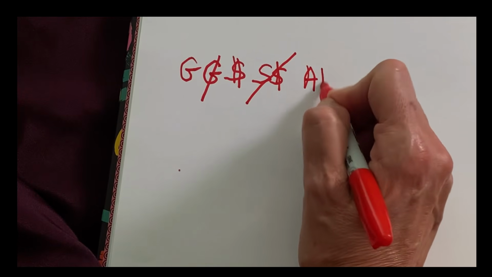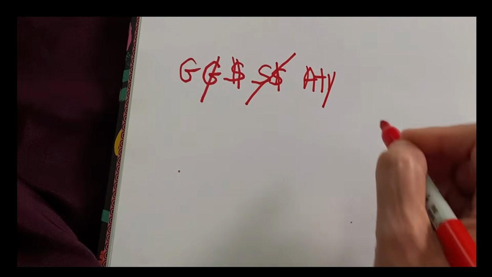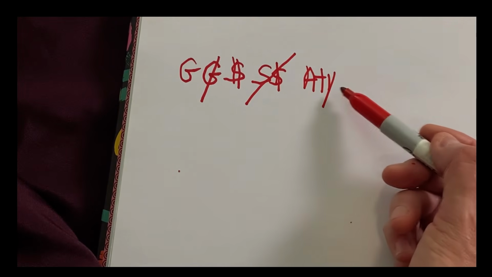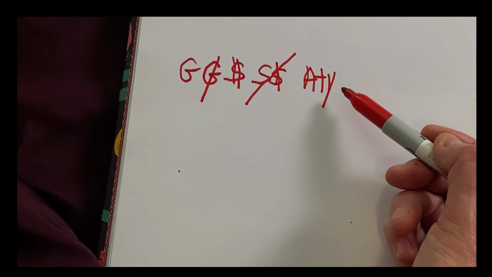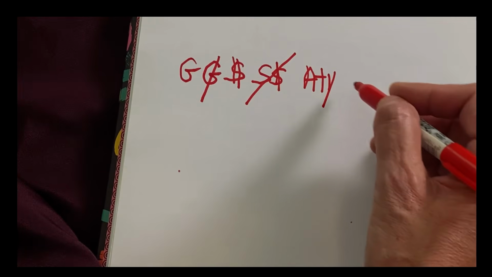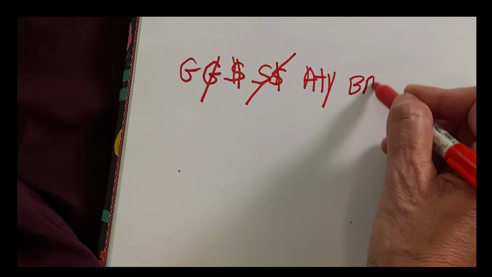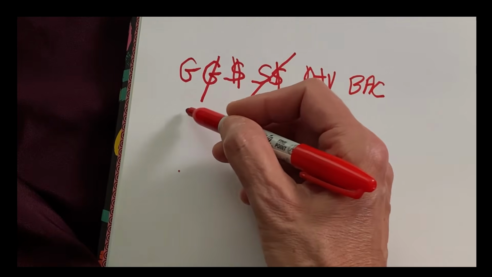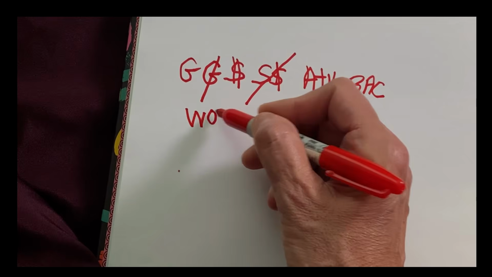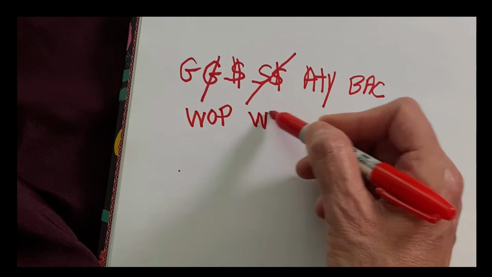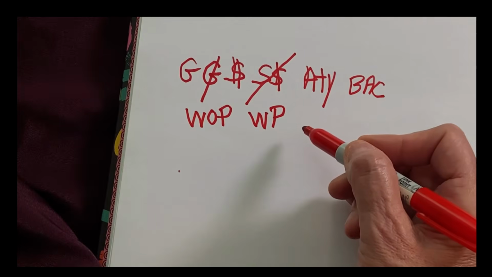Attorney, and I'm going to just use one T instead of the most known ATTY because I don't want to write a lot. So ATY for attorney. BAC, blood alcohol content. WOP, without prejudice. WP, with prejudice.